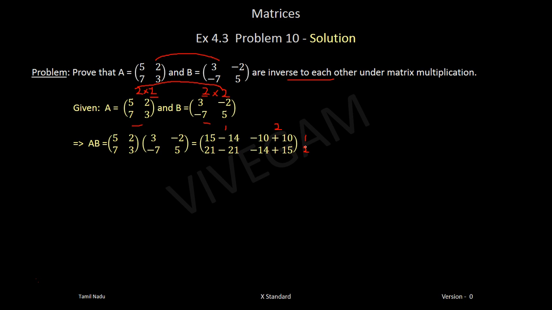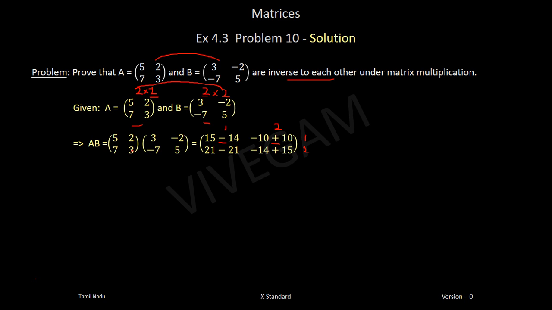First row into first column: 5 threes are 15 and 2 into minus 7 is minus 14. Next, first row, second column: 5 into minus 2 is minus 10 and 2 into 5 is 10.